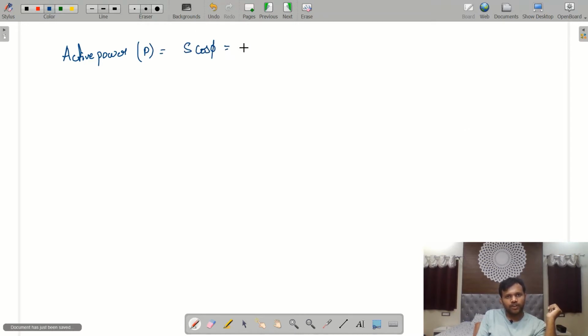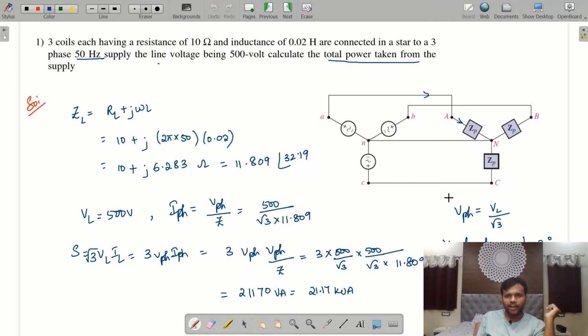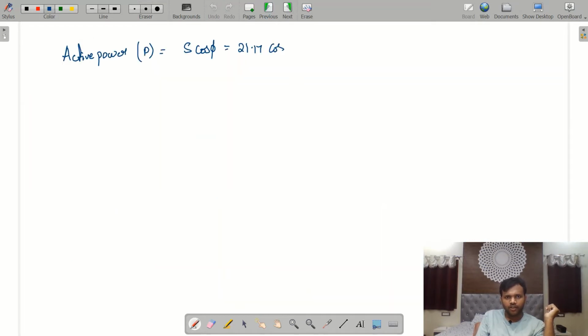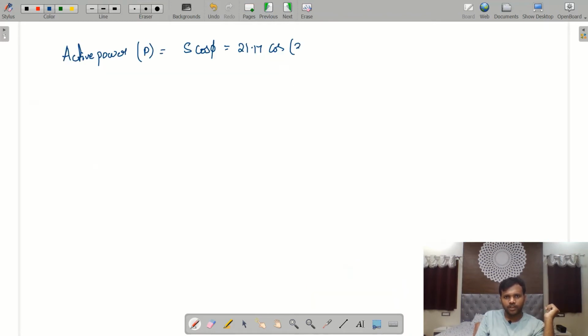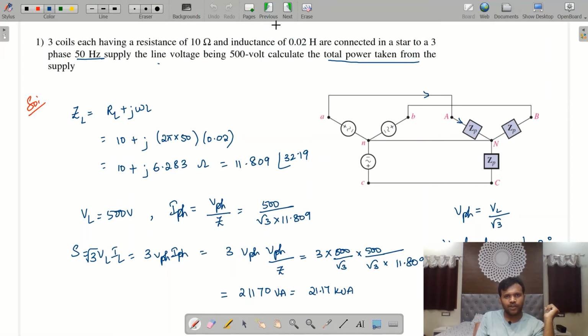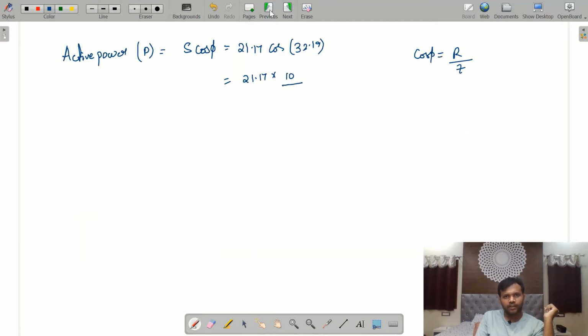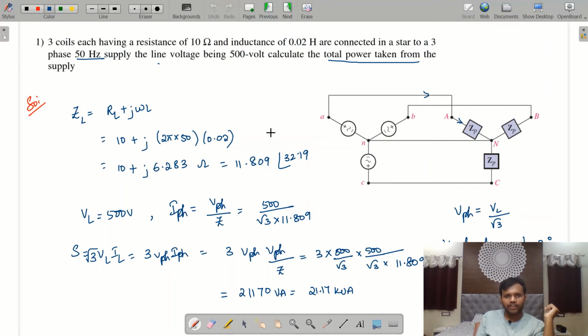The value of S we have just calculated, which is 21.17 into cos phi, where phi is the power factor angle, 32.19 degrees. What is cos phi? Cos phi equals R by Z. The resistance value is 10, divided by 11.809.